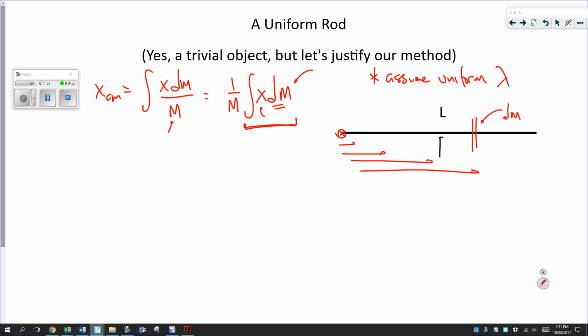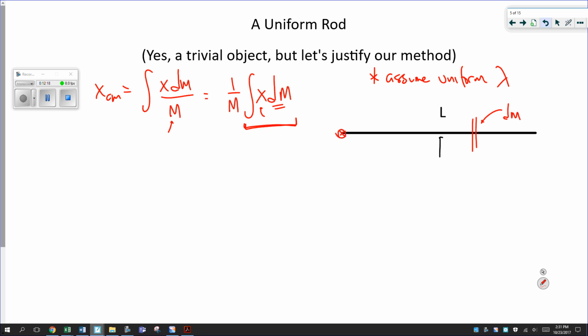So you can't do that. What we need is a place where we have a variable and are integrating with respect to that variable. So since x varies, we can't integrate that variable with respect to some different variable. That means we've got to write dm in terms of dx.